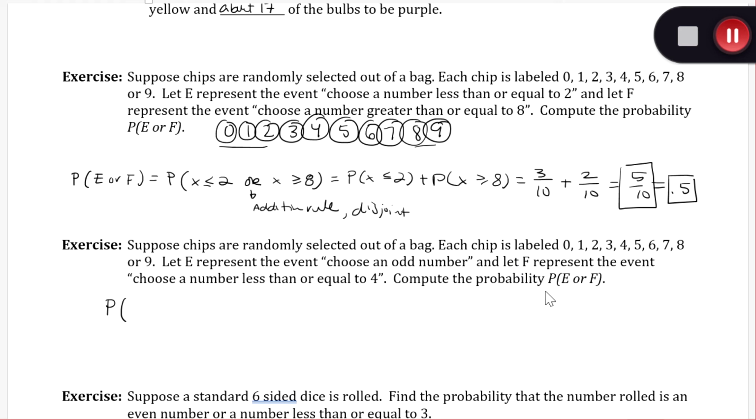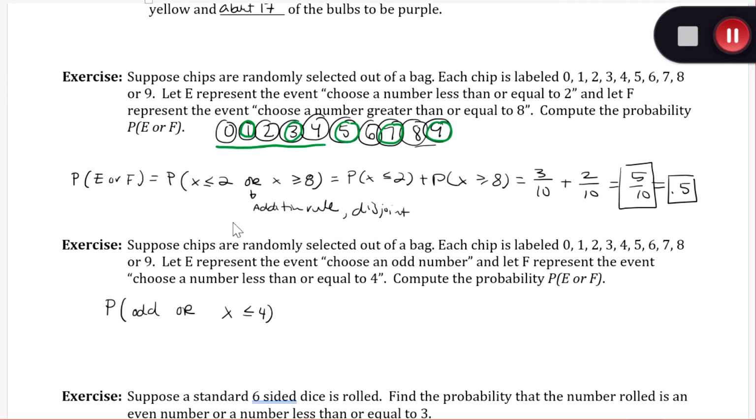Compute the probability of E or F. So it's odd, or our number is less than or equal to 4. Looking at this situation, we have to think about whether we can be odd and also less than or equal to 4.